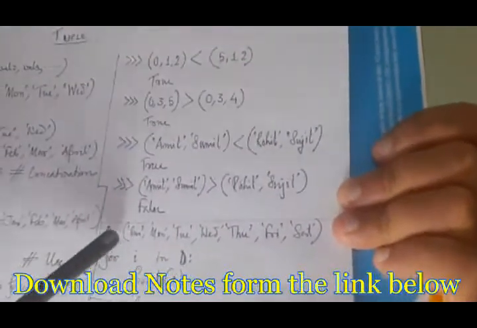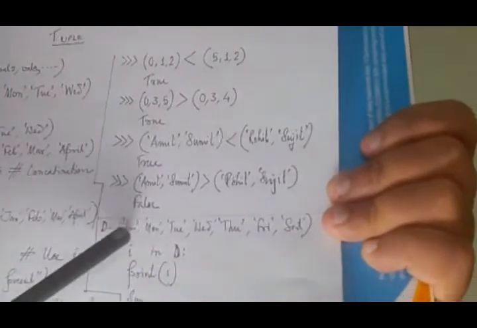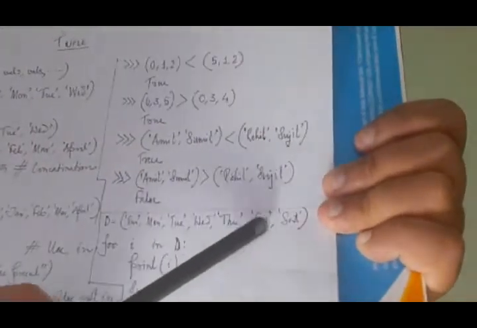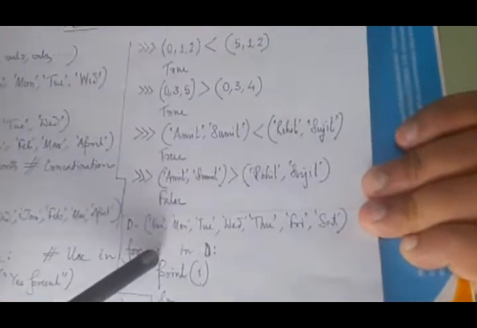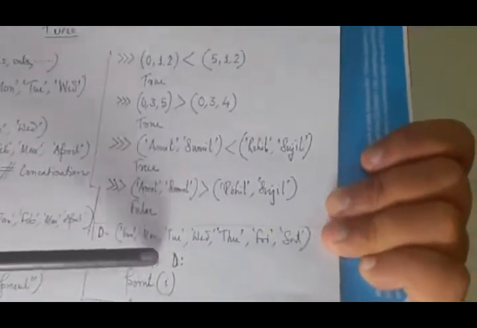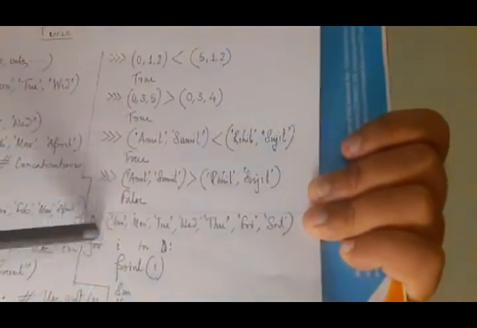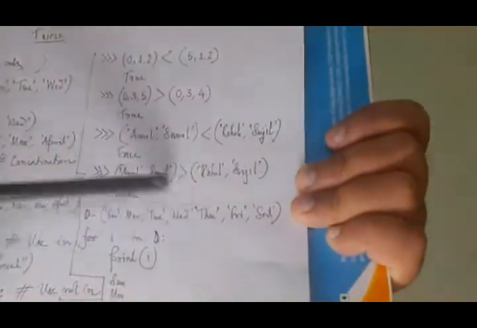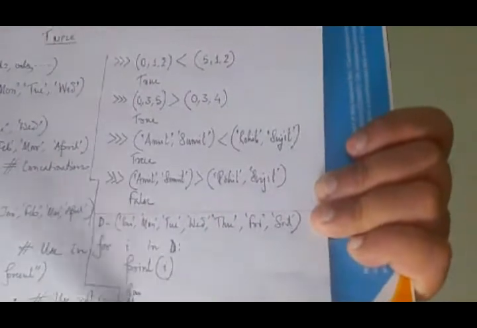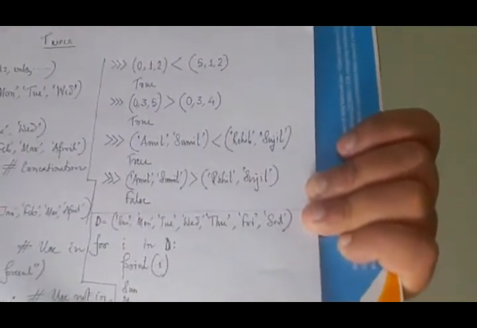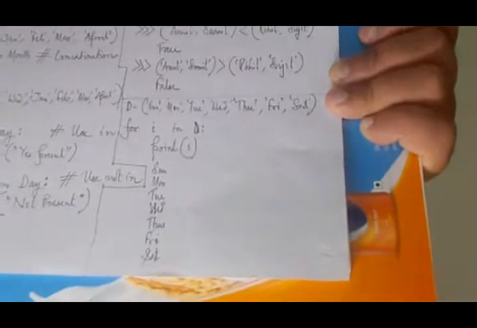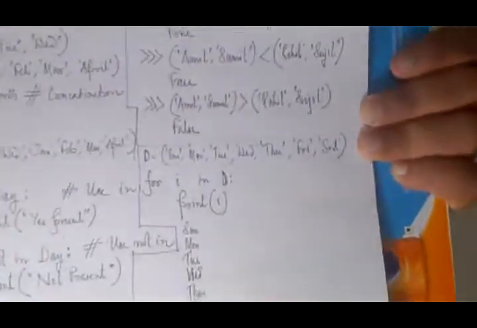Say D is a tuple variable: Sunday, Monday, Tuesday, Wednesday, Thursday, Friday, Saturday. For I in D, print I. So I gets values one after another. So print I, and the values are printed: Sunday, Monday, Tuesday, Wednesday, Thursday. Okay.